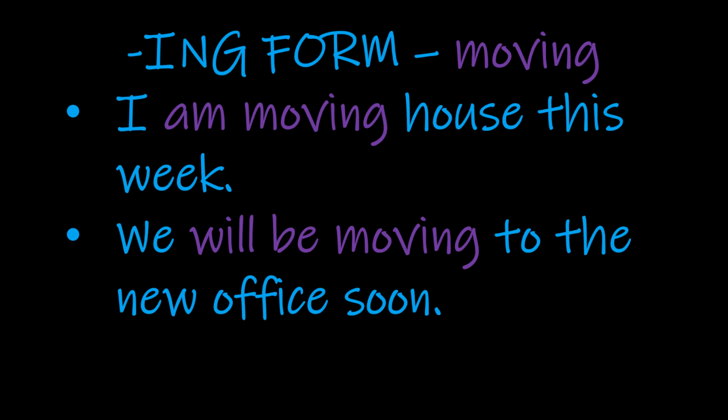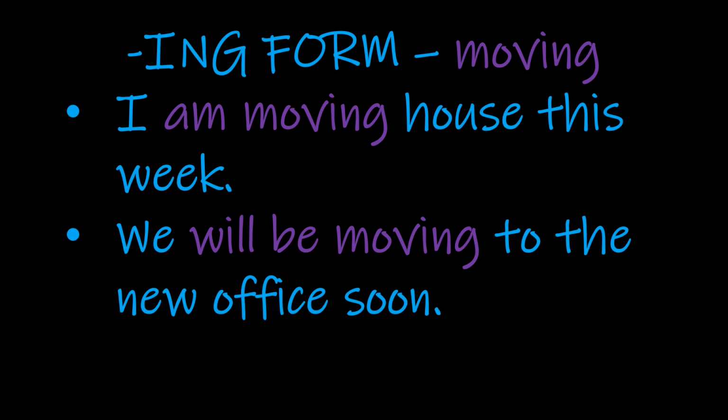I am moving house right now would definitely be in progress. I'm moving house this week, you can assume it's later this week. I could equally say I'm moving house next week, and then it becomes about future time. So what looks like present continuous is quite flexible actually in English, so pay attention to the time references.